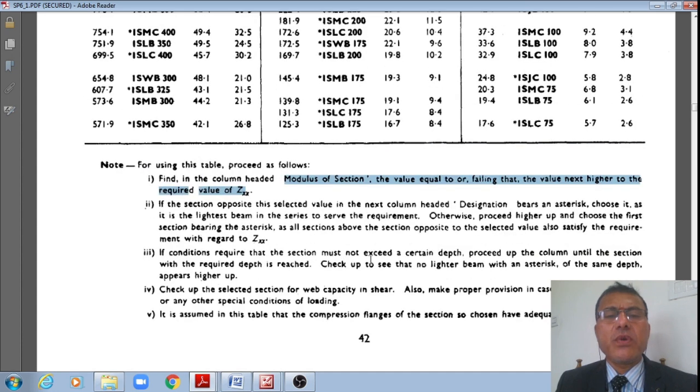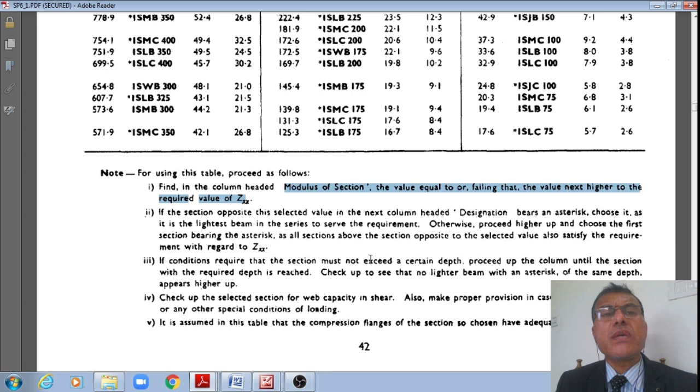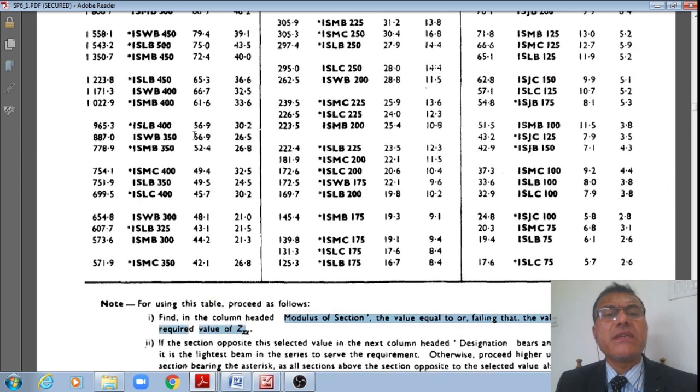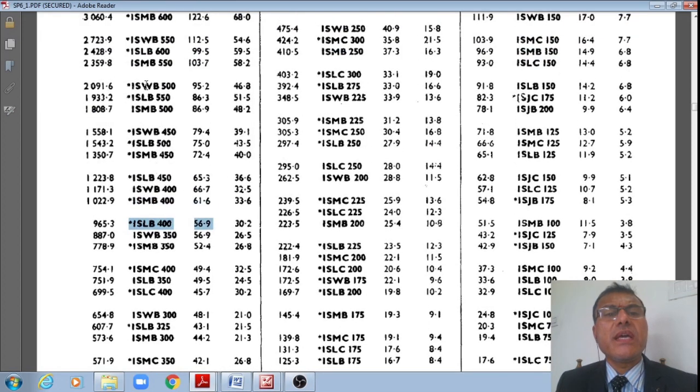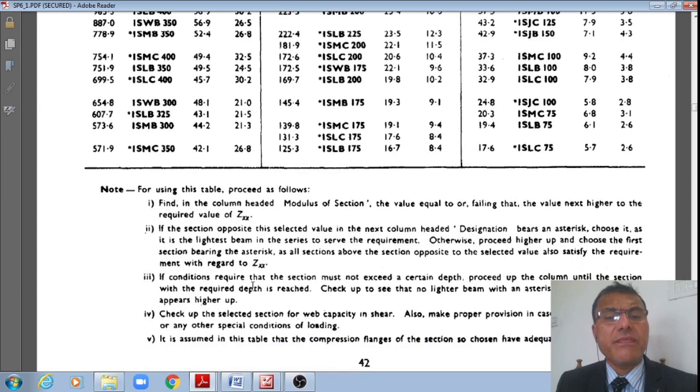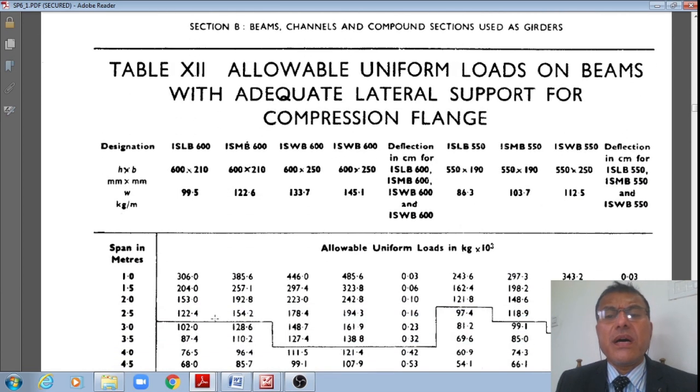If that shear capacity is okay, then you can choose that section. Otherwise you can use another section, right? Whereas these asterisks indicate the light weights. If two sections are there, these are somewhat better sections, right?